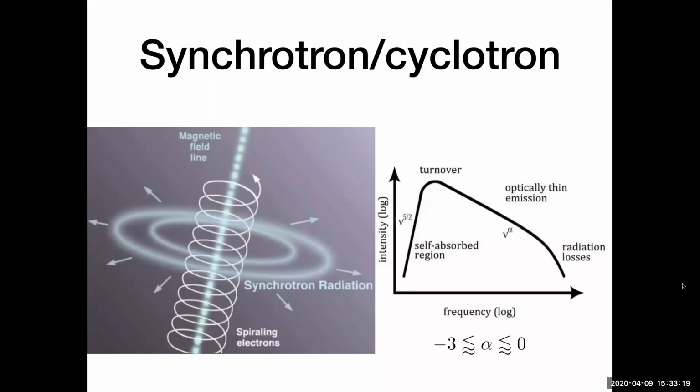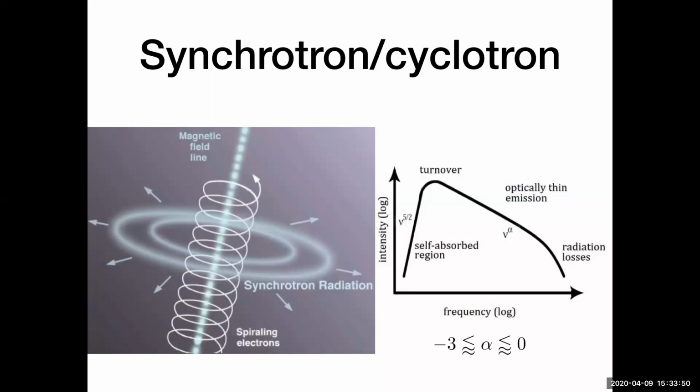But relativistic particles in the form of cosmic ray electrons do have enough energy and basically yield the vast majority of the radiated power. And so even though the number density of cosmic rays is quite small, it has enough energy and radiates enough power to produce a significant amount of radio emission.